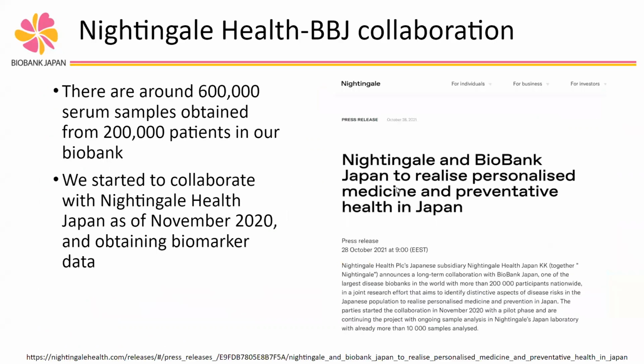And we also started to collaborate with Nightingale Health to generate 1H NMR-based metabolomics data. We have 600,000 serum samples from 200,000 Biobank Japan first cohort patients. And actually, similar metabolomics profiles were also obtained in UK Biobank and in FinnGen. So again, this big dataset would realize cross-ancestry comparison.